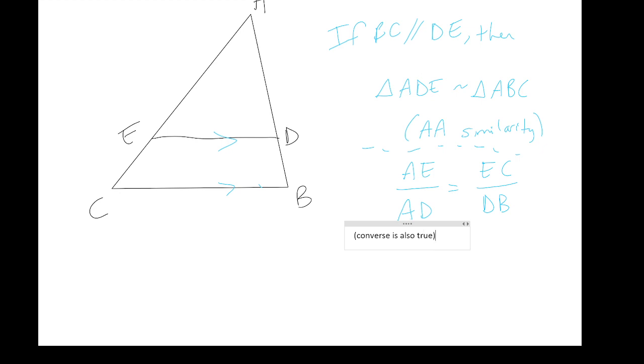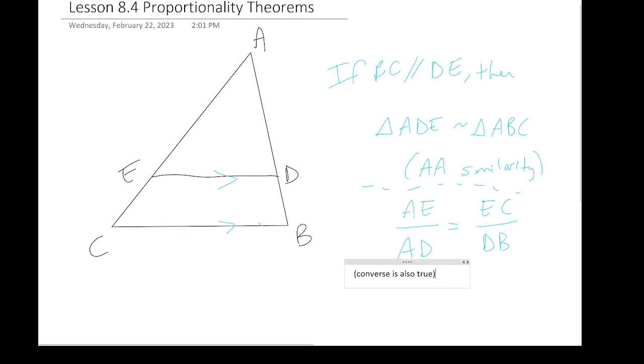Meaning that if I were to have this triangle here, and I were not given this parallel marking, but I were given dimensions that would create proportionality between EC to AE as DB is to AD, then I have similar triangles, because effectively I'd have an angle-angle relationship. So let's employ this right away, because once we see this in use, it will make a lot more sense. Sometimes these things are a little bit more difficult when we're just speaking in the theoretical.